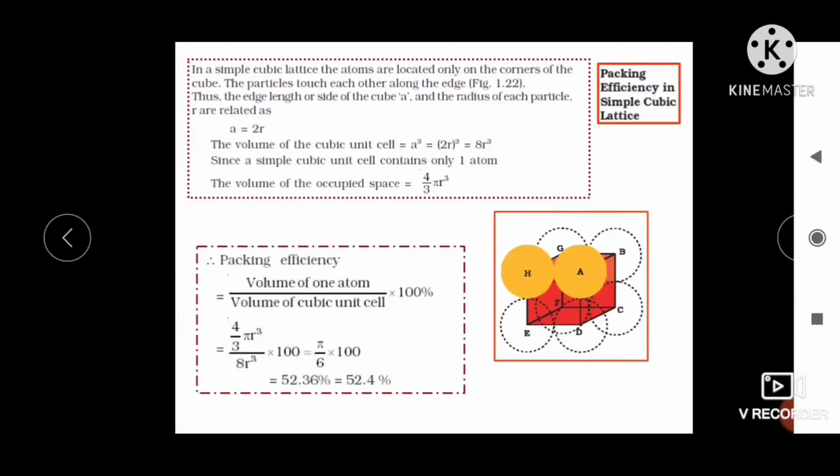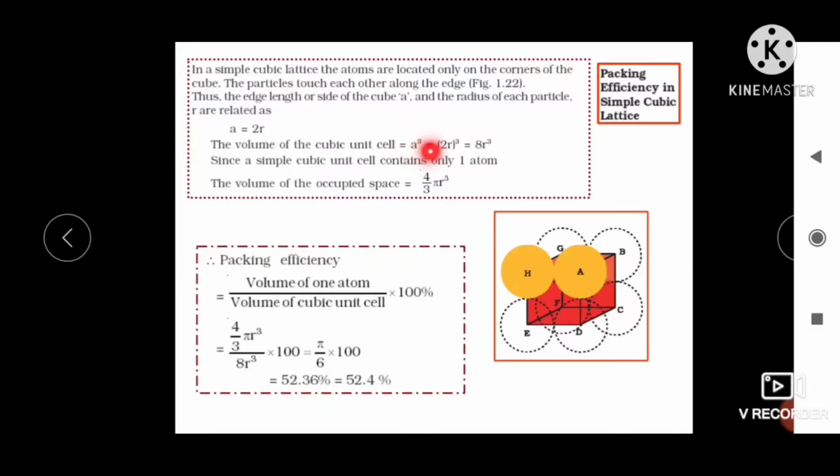Now we are going to calculate the packing efficiency. What is the volume of a cube? That is a cube. And the volume of a sphere is 4 by 3 pi r cube. The volume of the cubic unit cell equals a cube.